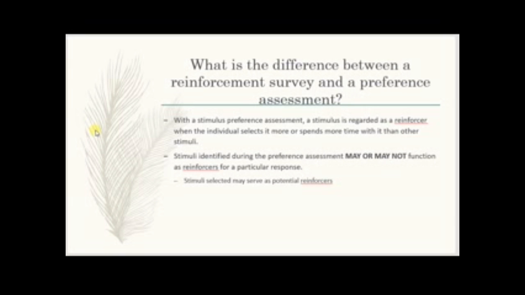Let me go over this a little bit because it might sound a little bit confusing because they kind of sound exactly the same. What this is saying is that a stimulus or stimuli does not become a reinforcer unless that child selects that specific stimuli multiple times and engages with that stimuli for longer periods of time.